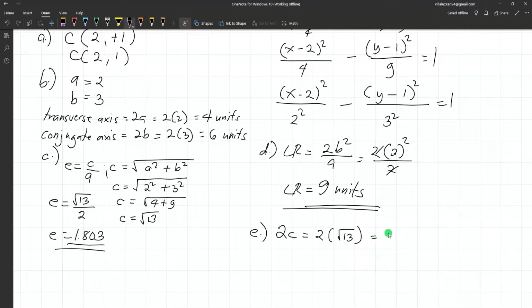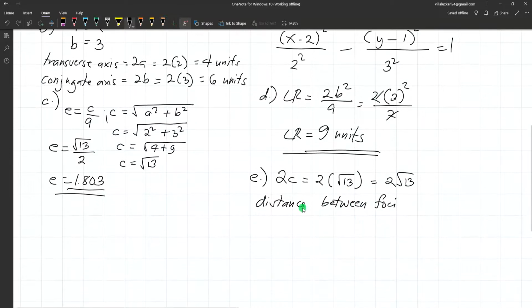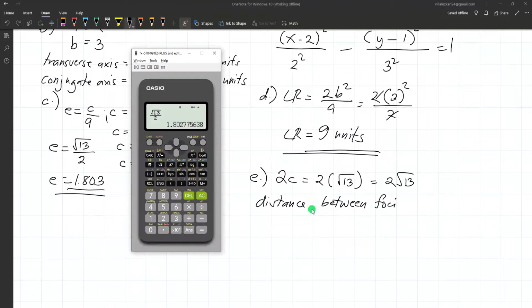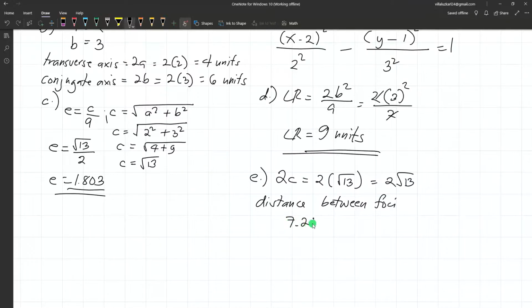So the distance between foci is 7.211 units. That's the answer.